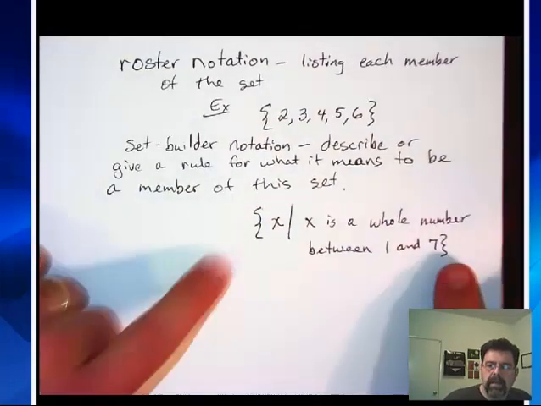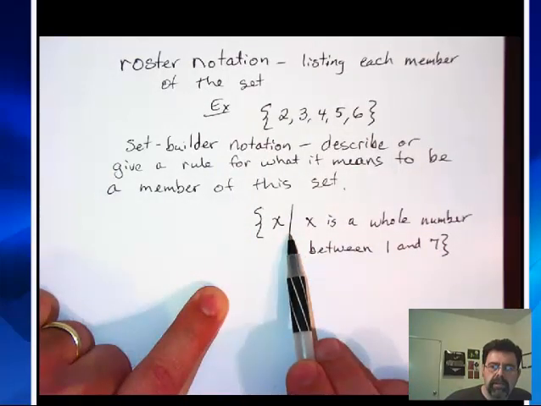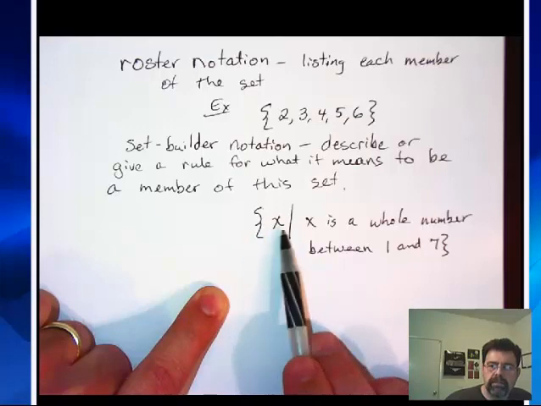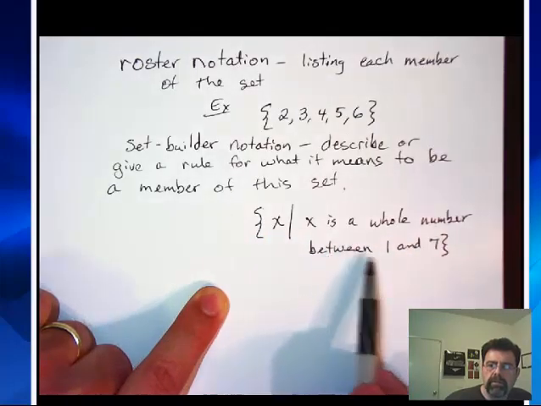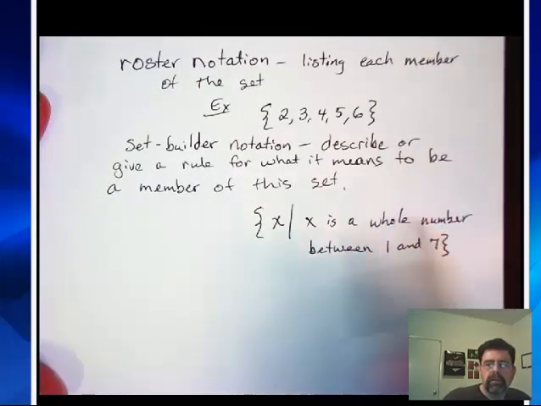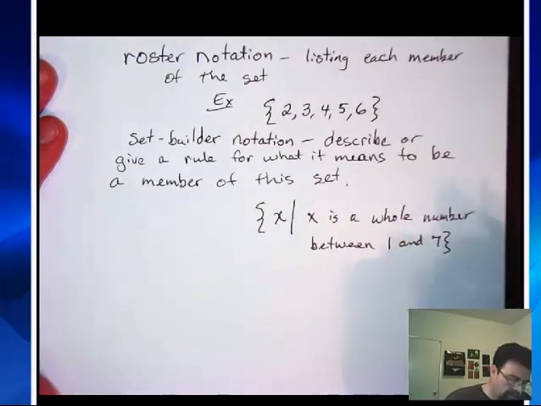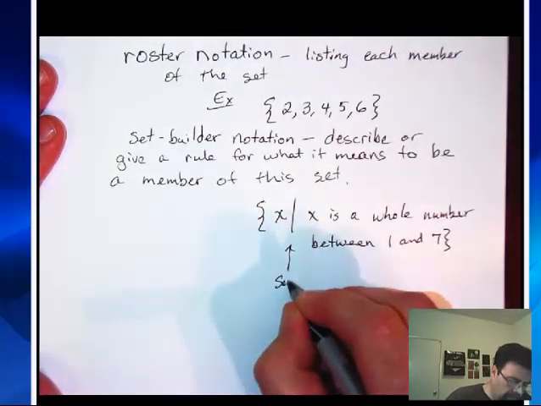So see, I'm describing it. And again, the braces are the set. The straight bar is "such that." So it's the set of all x's such that x is a whole number between 1 and 7. Okay, so that is set builder notation.